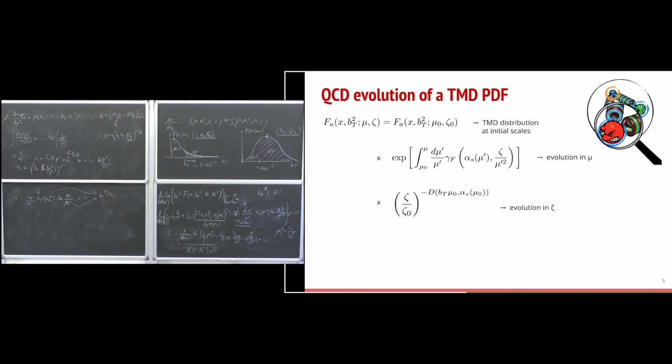Have you ever met John Collins in person? He's a friendly person, so you can talk to him about TMDs. I think maybe I should turn off the microphone. He's as friendly as the red book is.